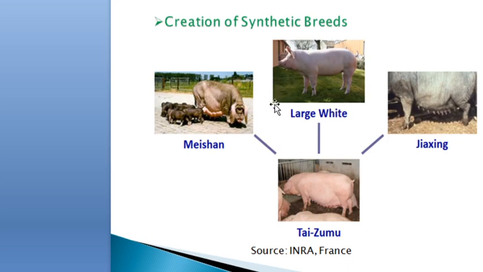So when you put the three breeds together, at the end, after successive breedings, you obtain the Tai Zumu, that is a synthetic breed with very good maternal traits or performance and acceptable conformation for meat and the market.